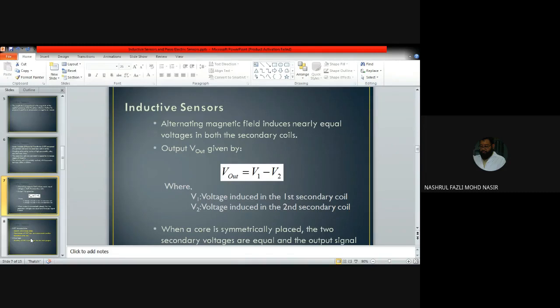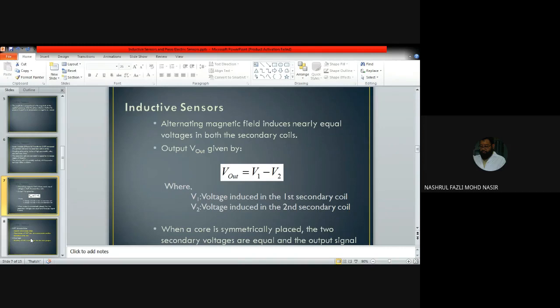The output voltage is given by V1 minus V2, the voltage induced in the first secondary coil minus V2.